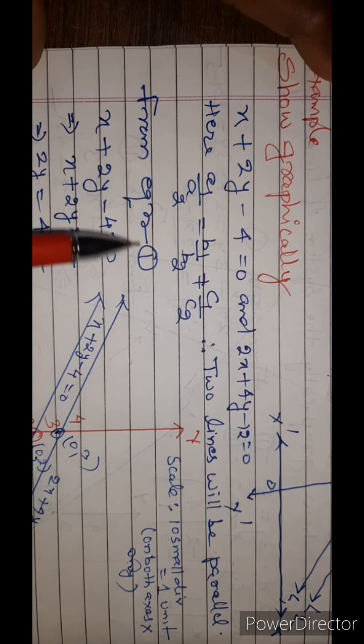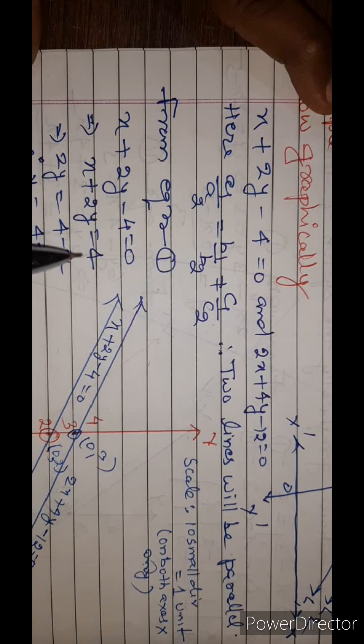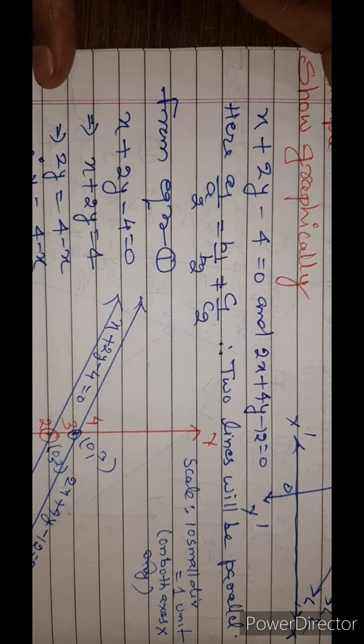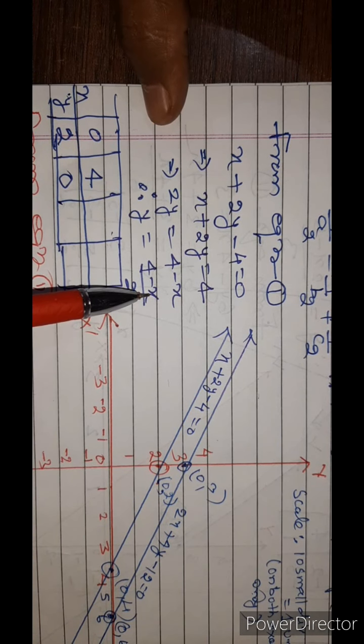Here I have taken the first equation, x plus 2y minus 4 equal to 0. Therefore x plus 2y is equal to 4. This implies 2y equal to 4 minus x. Therefore y equal to (4 minus x) by 2. When we put 0 in place of x, the result will be 2.